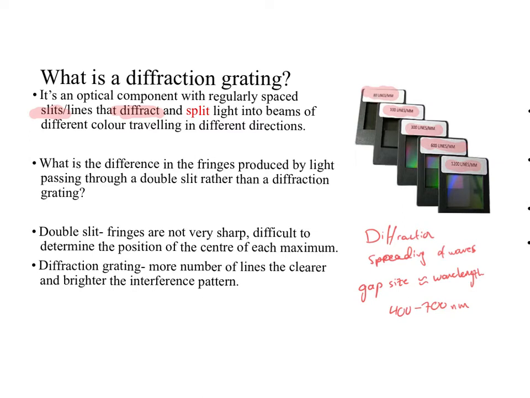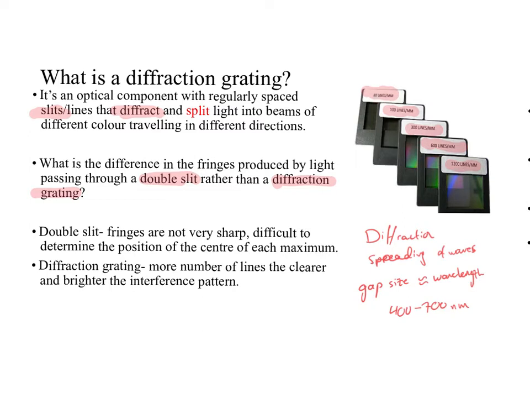We have seen in year 12 the experiment for the double slit experiment. We analyzed how that will work. In this case, we have more than just 2 slits. We have loads of slits. So what's the difference in the fringes produced by light passing through a double slit rather than a diffraction grating? Well, the double slit actually produces fringes that are not very sharp.